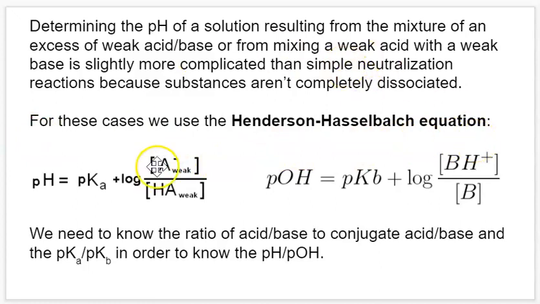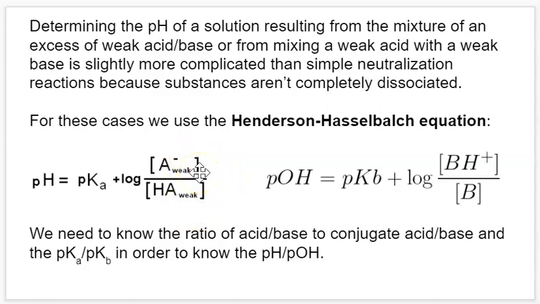In this equation, it generally takes the format of pH equals pKa of an acid plus the log of the ratio of the conjugate base over the acid, both being concentrations.